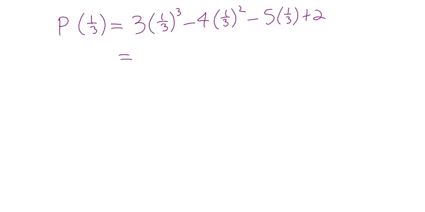So 1/3 cubed is 1 over 27, times 3 is 1/9, minus 4/9, minus 5/3, but let's continue with the ninths. So 5/3 will be 15/9, plus 18/9. So we've got 1 minus 4 is negative 3, minus 15 is negative 18, plus 18, so it's 0.